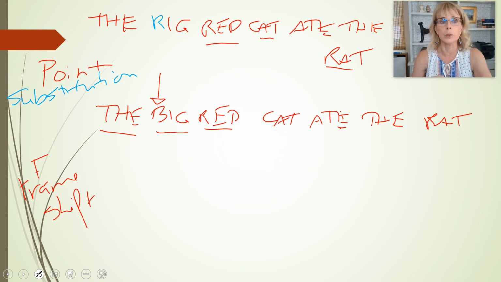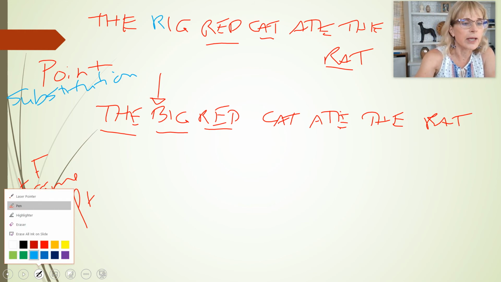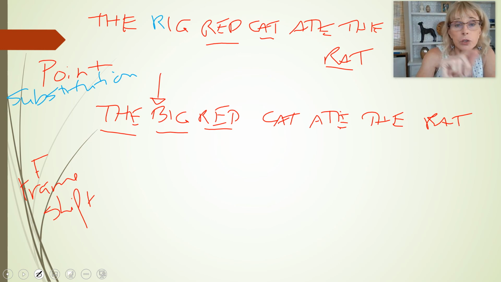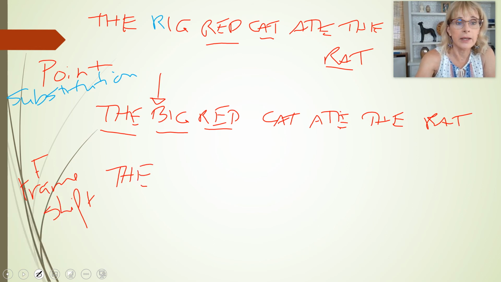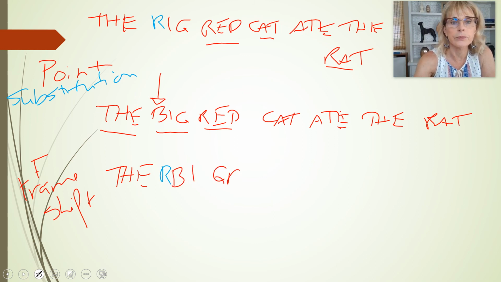Let's look at a frame shift mutation. In a frame shift mutation, instead of just substituting one nucleotide for another, you end up either adding or removing a letter. So instead of substituting a letter, I'm adding the letter. Now what happens? Do you see what's going on? I still have codons that are 3 letters long.